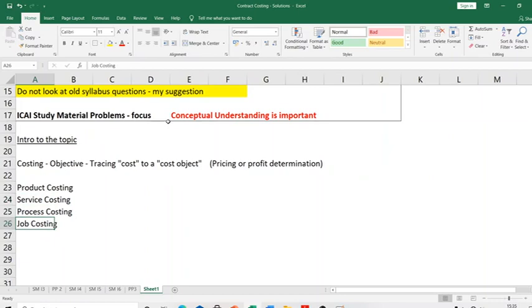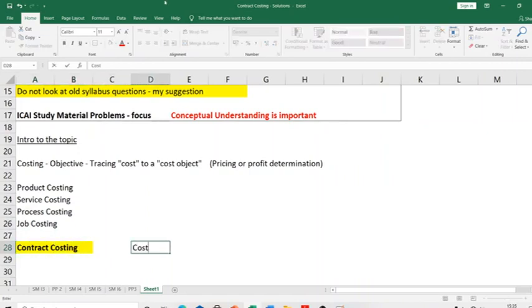Now, on exactly similar lines, the topic that we are going to see right now is called contract costing. This is what we will be focusing on in this lecture. Here we are going to look at a cost object which is called a contract.